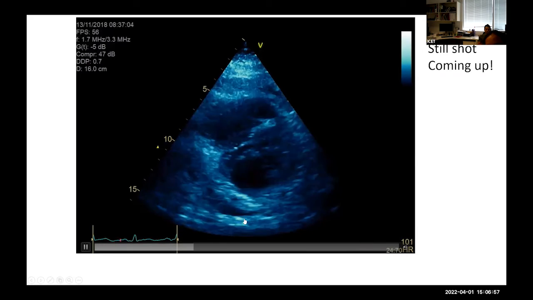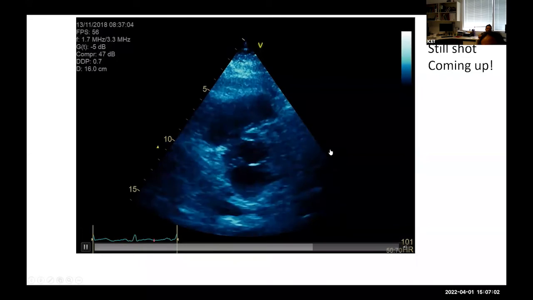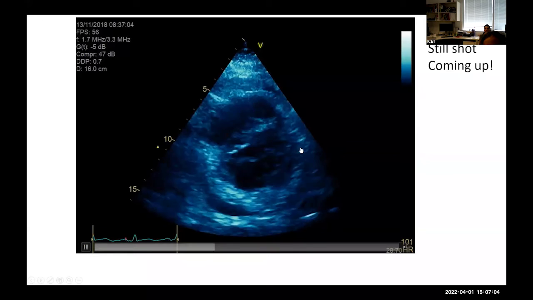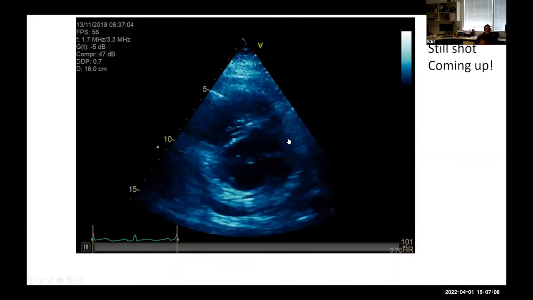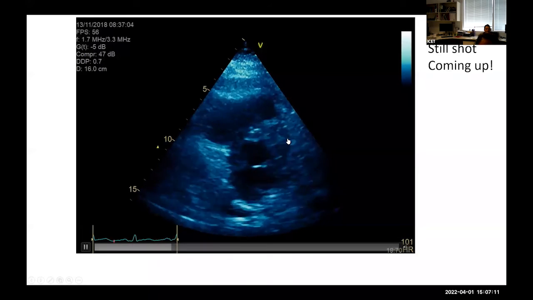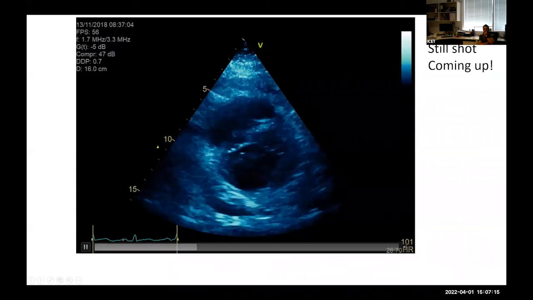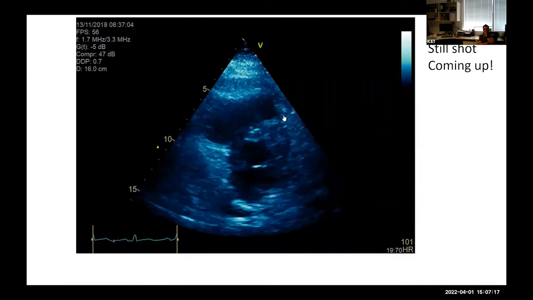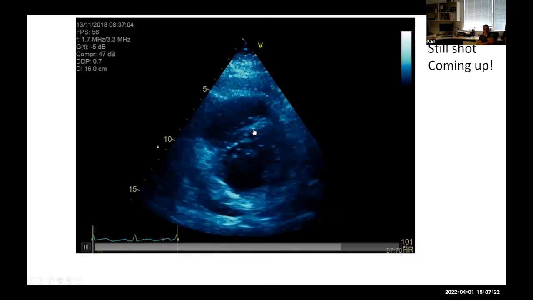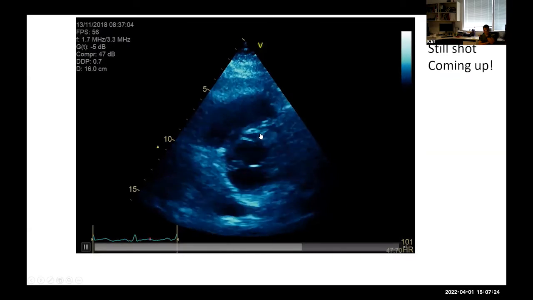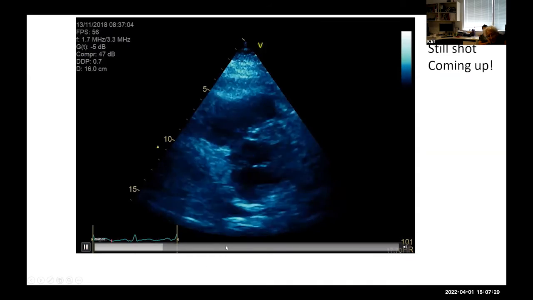What do you think of the thickening of the pericardium? So the movement of the septum is maybe a little bit of septal flattening, but not very obvious like the previous one which bent. Let me slow it down.